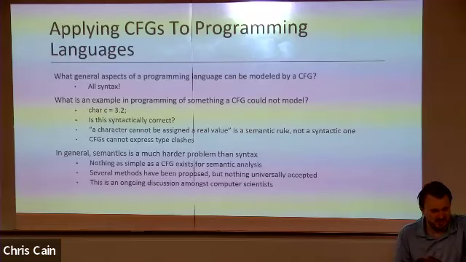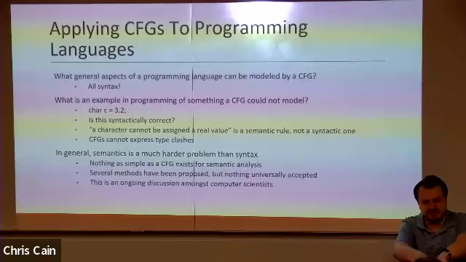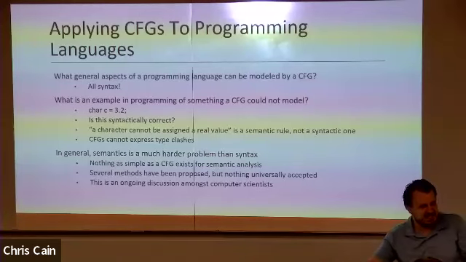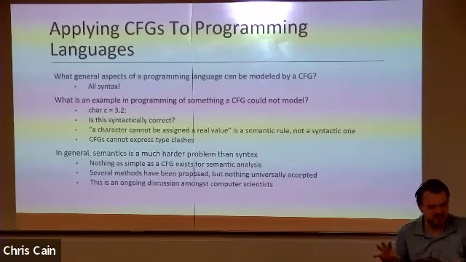Is there a correct way to do this? Lots of different languages do this in different ways, and trying to figure out, is there a correct way? Are there ways that are better than other ways? That's ongoing discourse. So we're going to focus much more on the syntax problem than on the semantics problem, but be able to differentiate between a syntax error and a semantics error, in terms of what a context-free grammar can help solve and what it cannot.